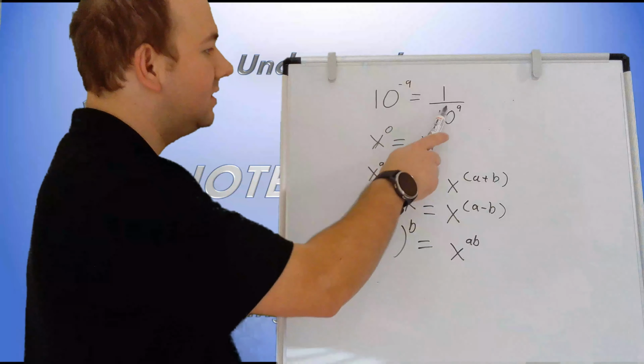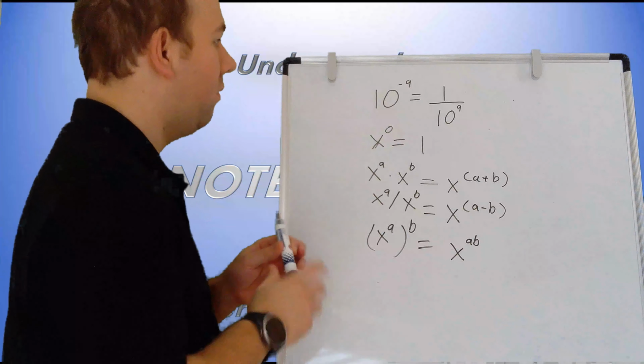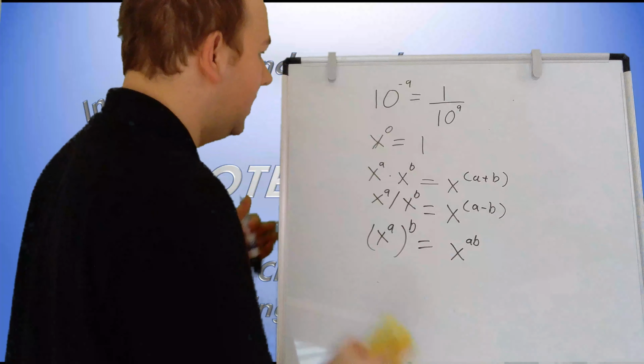So the question is, how does this help us find why this identity is true?